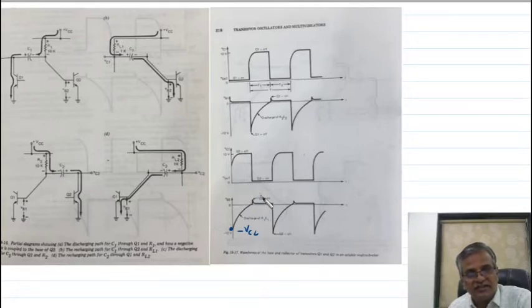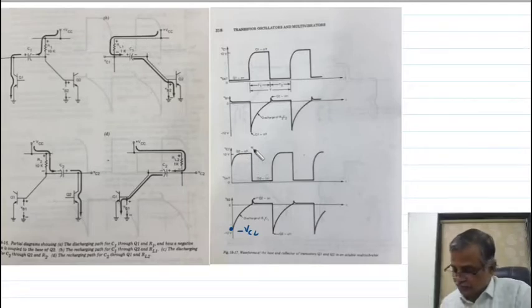As a result, the collector voltage goes from VCC to nearly zero. This fast falling edge shows that transistor Q2 is going from the off condition to the on condition. Now, look here.